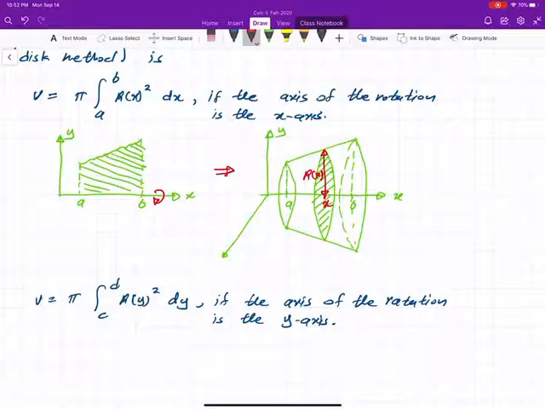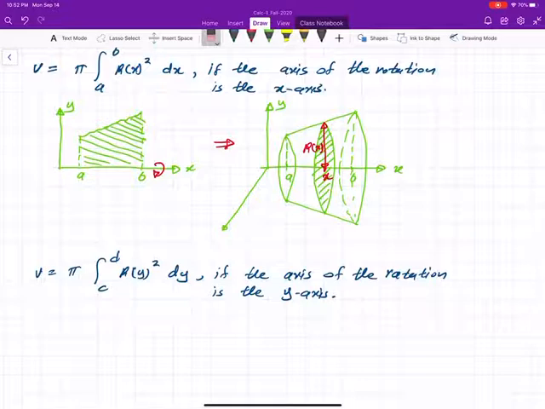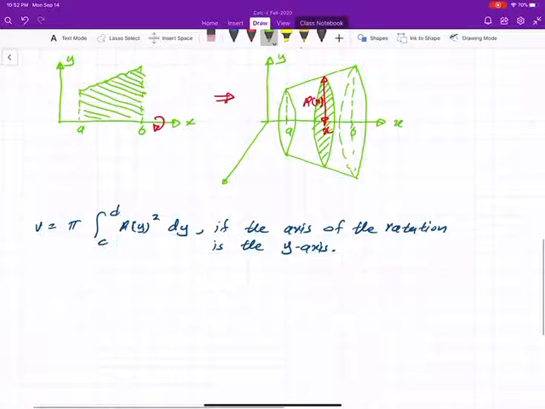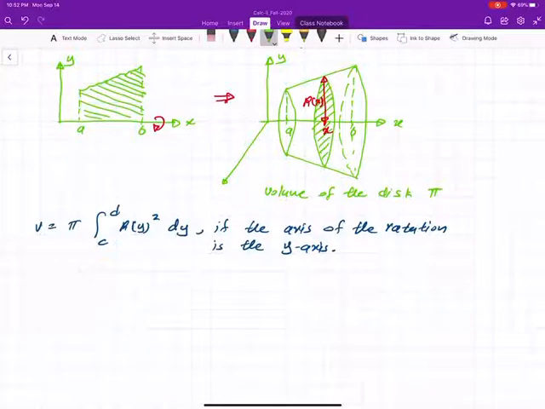And then the volume of this disk is actually pi times radius squared.